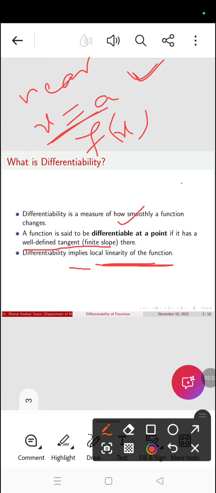Local linearity means your function looks like a straight line when you are close to the point x equal to a, in the neighborhood of that point. This is how we can define the local linearity of the function.